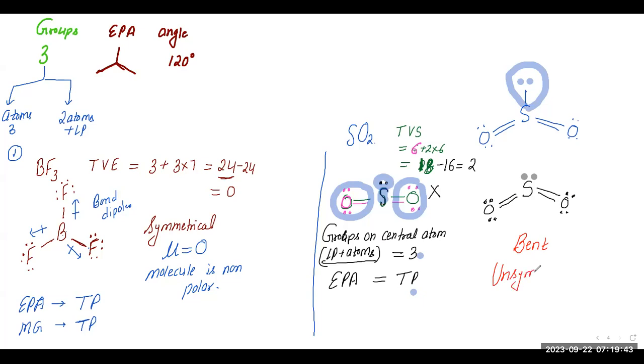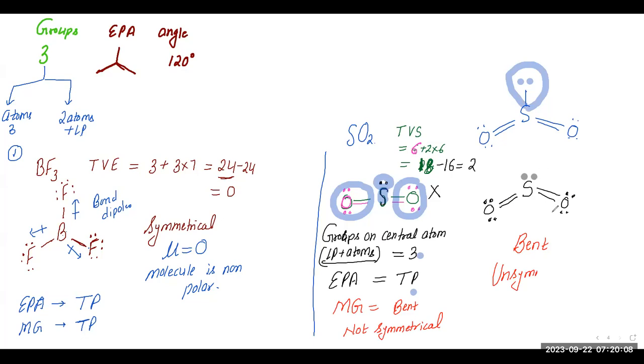So whenever your molecular, this is molecular geometry. So what is the molecular geometry of this molecule? Bent. It's not trigonal planar. So it's not symmetrical, because one side is occupied by lone pairs. And these lone pairs are distorting the shape. It's distorted by lone pair. Yes, not symmetrical.